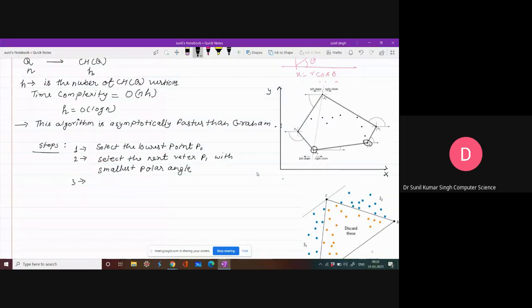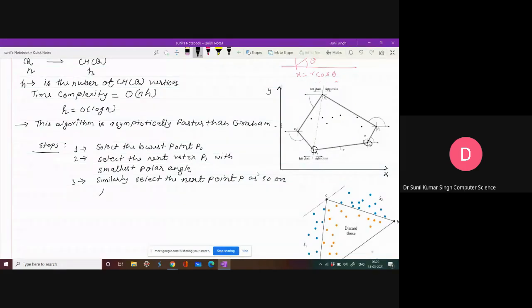So similarly, select the next point P2, and so on.